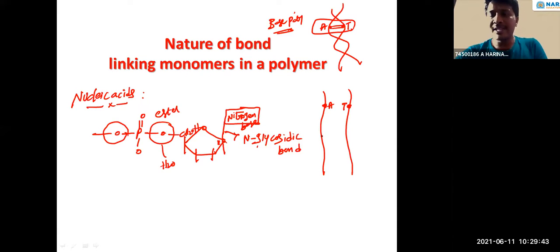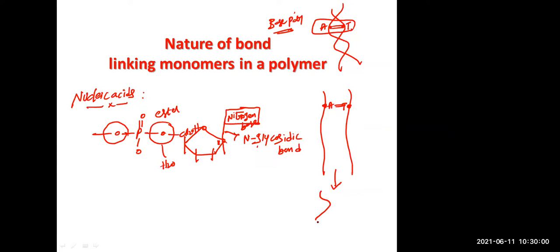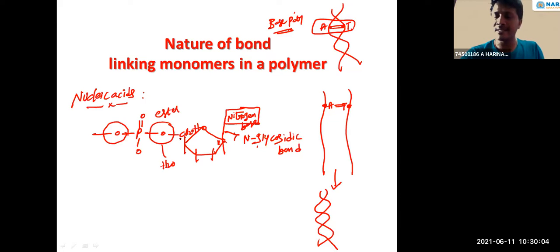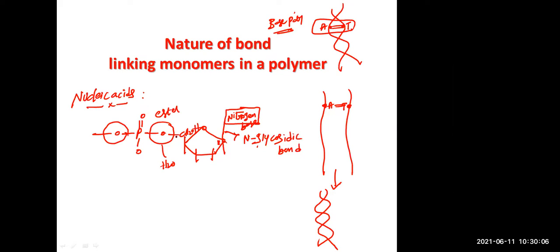So these are linear chains. Due to the formation of hydrogen bonds, the two polynucleotide chains form a right-hand helix. Sir, a right-hand helix is formed in protein, isn't it, sir?